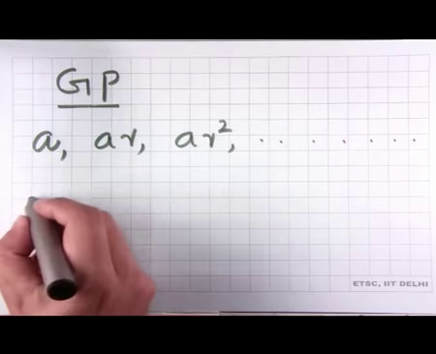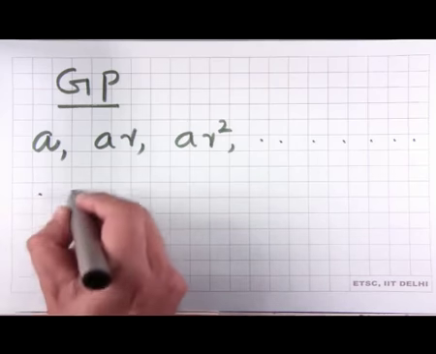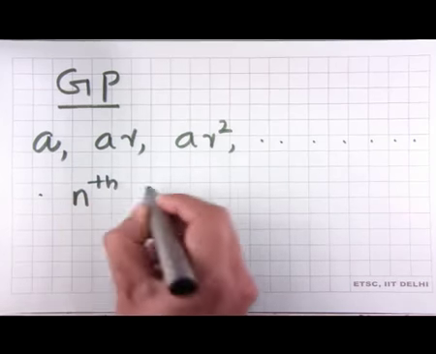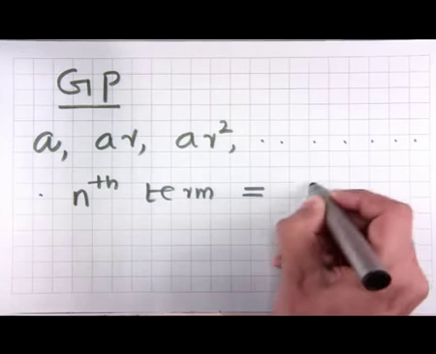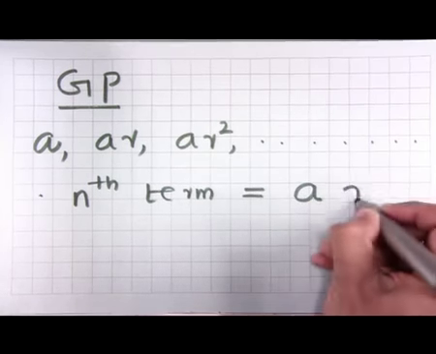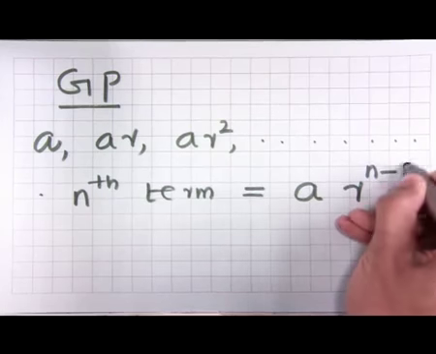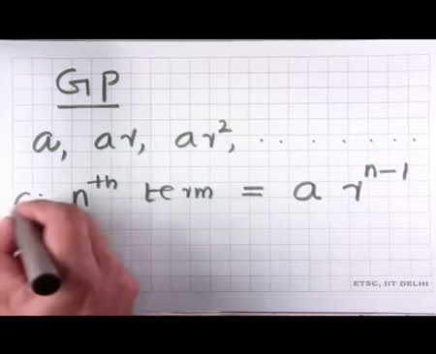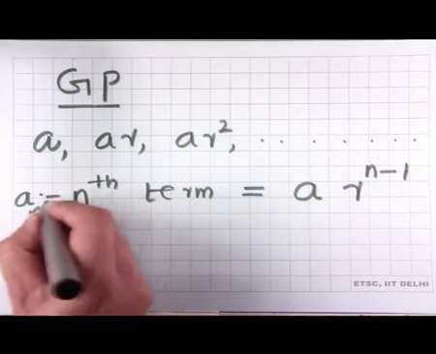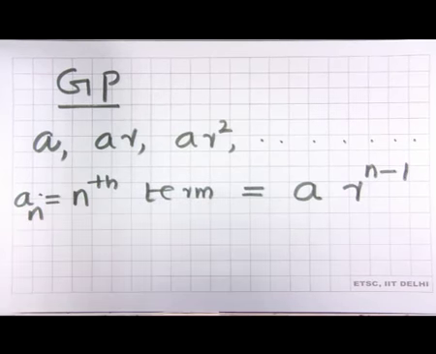Let us recall that nth term of this GP is given by the formula A into R power n minus 1. We shall denote the nth term by An or by Tn.